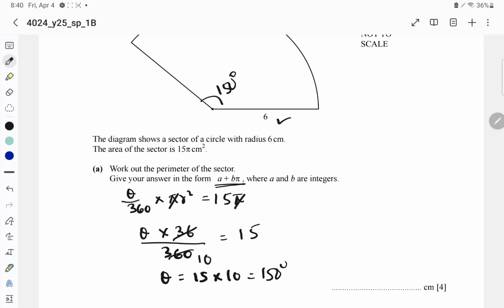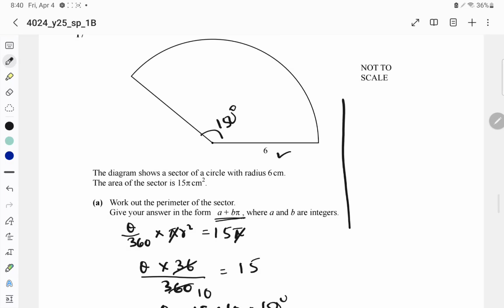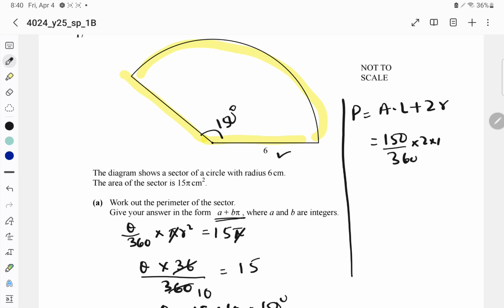Now we are ready to find the perimeter. The perimeter is arc length plus twice the radius, as the two sides are radii, plus the arc length. Arc length is 150 over 360 times 2 times pi times radius, which was 6, plus 2 times 6.